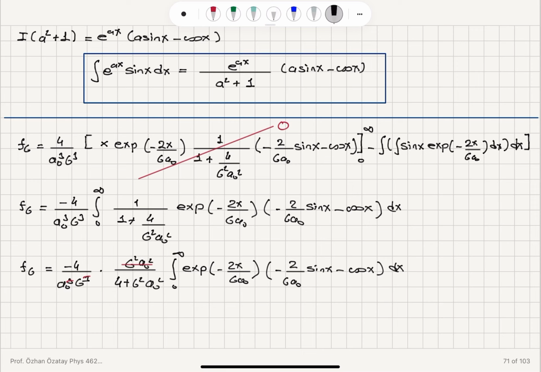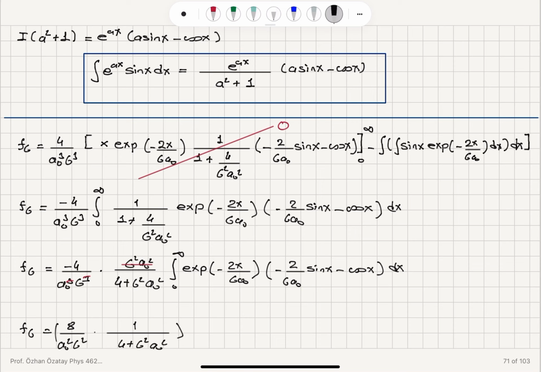Okay. So if I distribute this exponential into this parenthesis here, I will have first a factor of minus 2 over ga0. So minus 2 over ga0 multiplied with minus 4 over a0 g will give me, for the atomic form factor, 8 divided by a0 square g square multiplied with 1 over 4 plus g square a0 square.